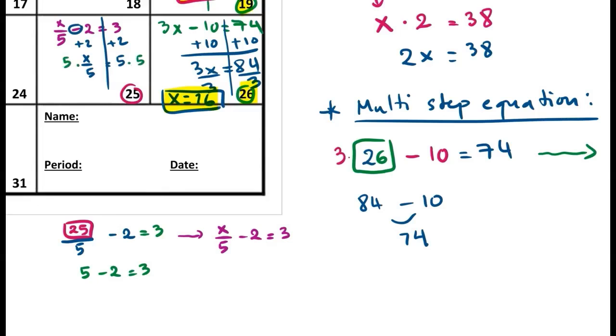X over 5 minus 2 equal to 3. So what you're going to do is add 2 on both sides, right? Because of the negative, you add 2. So x over 5 equals 5. And then we multiply by 5 on both sides. Because x divided by 5, you multiply by 5. That cancels out, x equal to 25. And that's it.